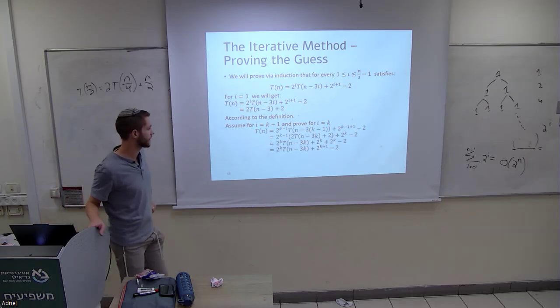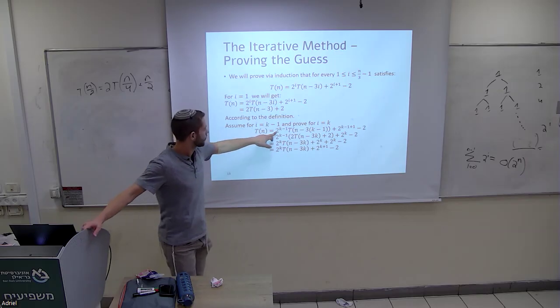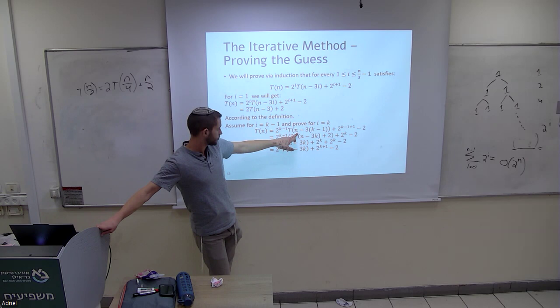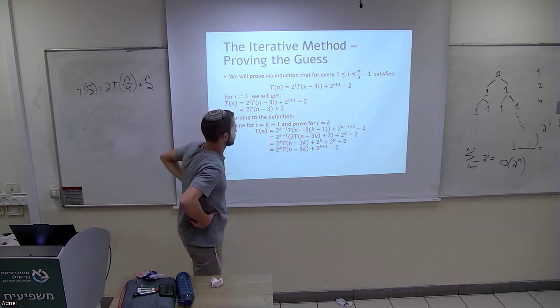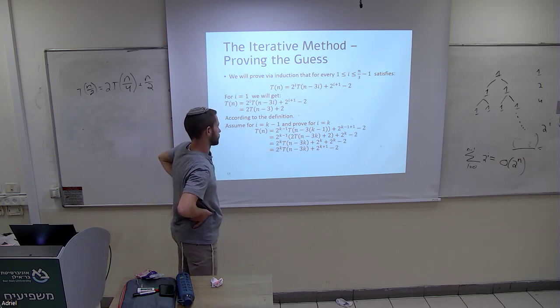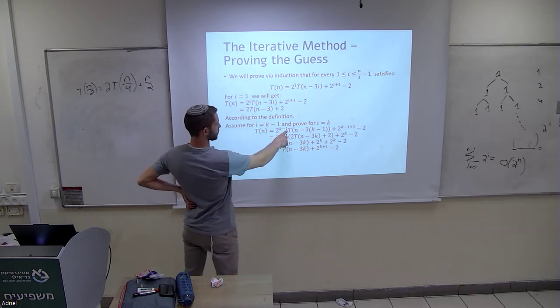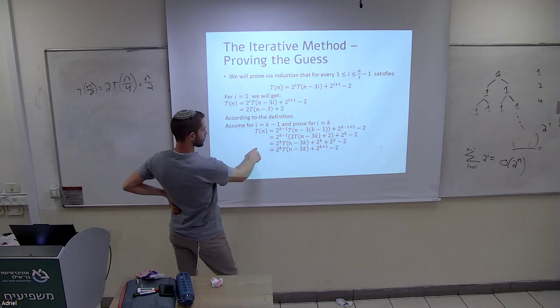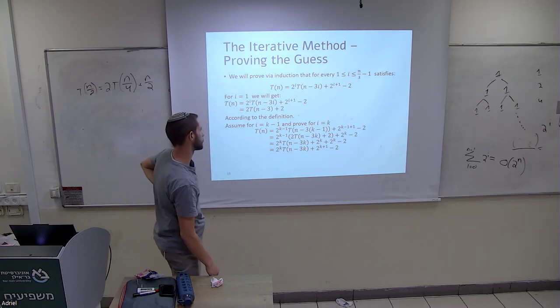A lot of arithmetic, but all right. So T of n equals 2 to the power of k minus 1 times T of n minus 3 times k minus 1. Here we just plugged in k minus 1. Why did we start with k minus 1?